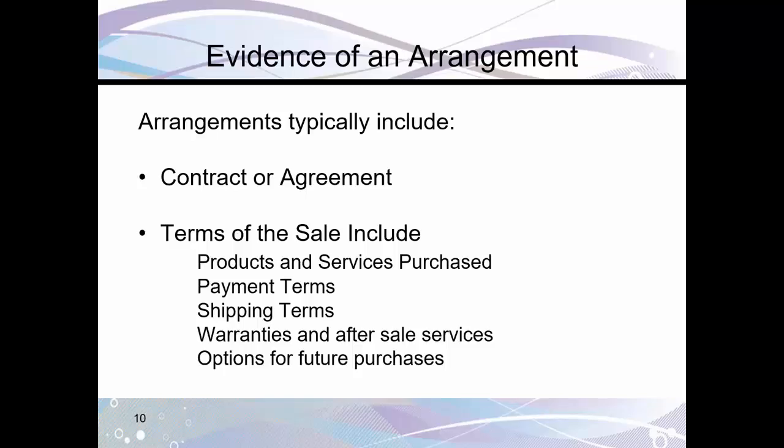Are there options for future pricing or future purchases that might also be enumerated in the transaction? And then a host of other clauses like infringement, so that if a vendor sells something to a customer, they can't be held responsible if it infringes upon the rights of other vendors who created that product.